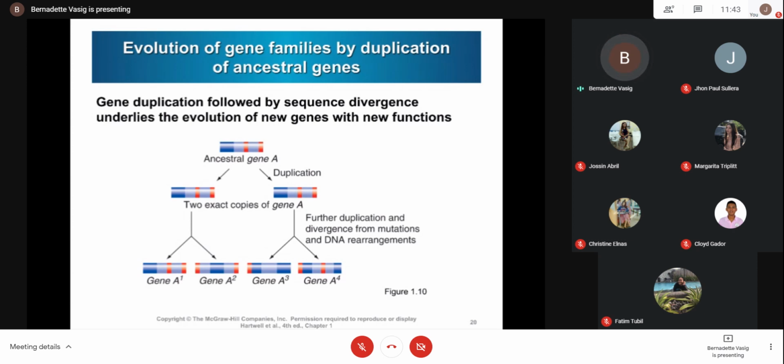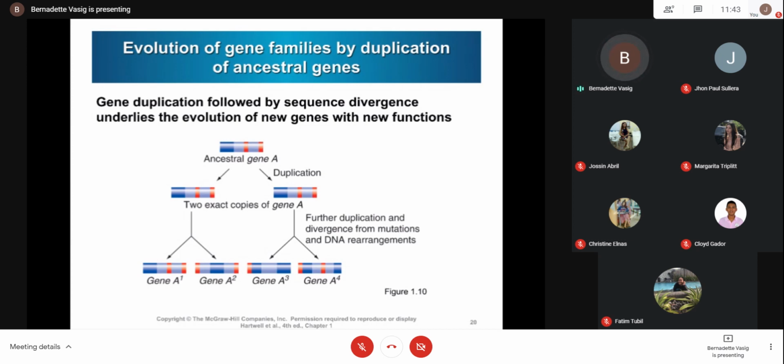So, for example, if the gene A family undergoes mutation and DNA rearrangements, it forms different genes that are somewhat related to ancestral gene A. So further duplication and divergence, from mutations and DNA rearrangements.